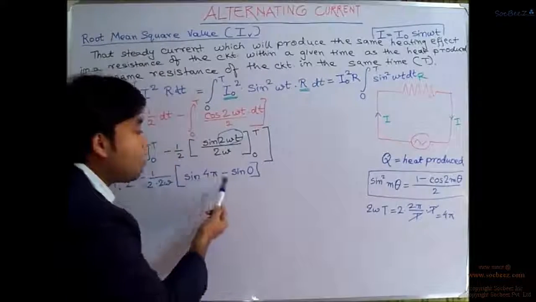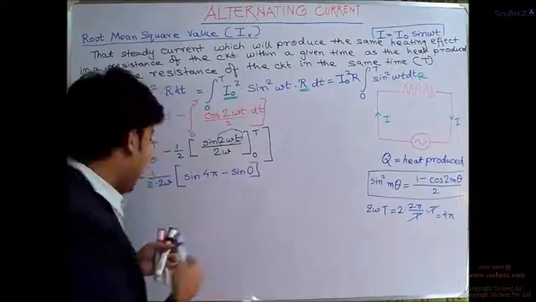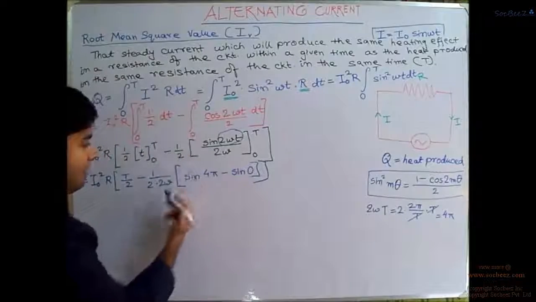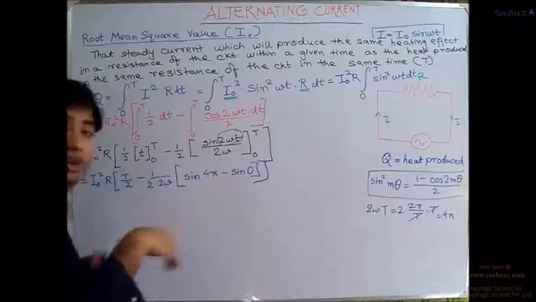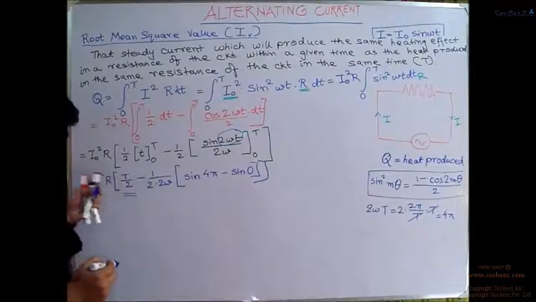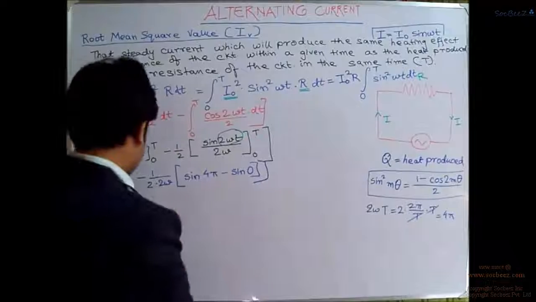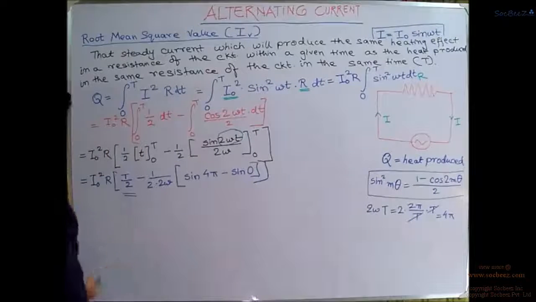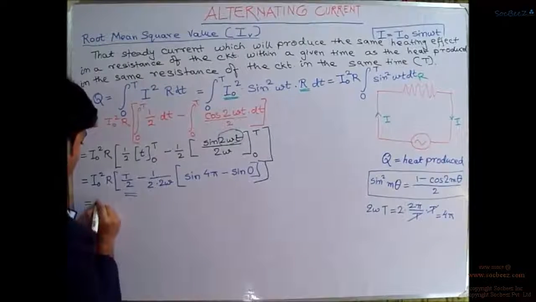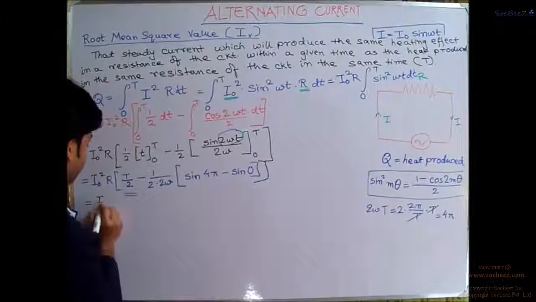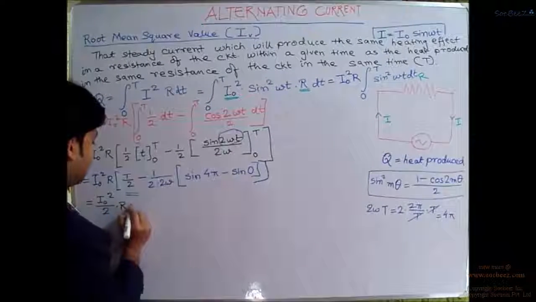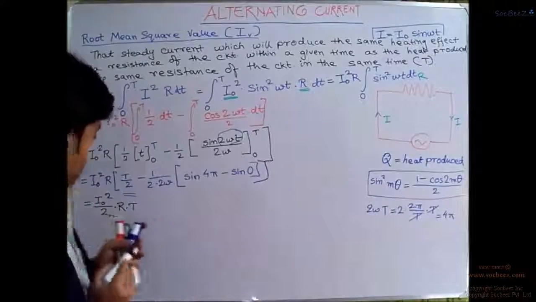So this will be 0 minus 0, which is 0, and this 0 when multiplied by this term again goes to 0. So the only leftover term is this one, and this will be multiplied to this. So we find that it is equal to I naught square divided by 2 multiplied by R multiplied by T. Now watch out.